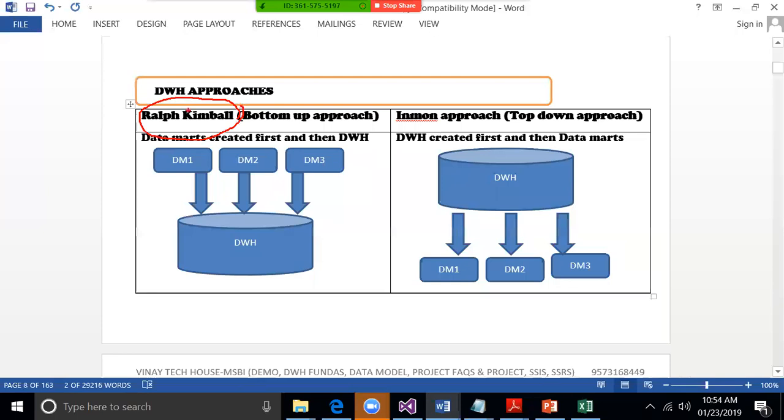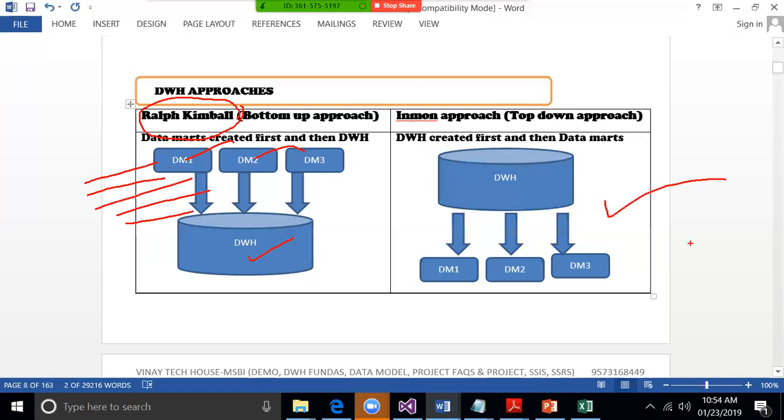The first reason is that it is cost effective. You can slowly construct data marts and then go for the warehouse. Second, it is resource effective: cost, resource, and memory effective. That is why we prefer this. If your project follows the waterfall life cycle, a standard project, then go for this.